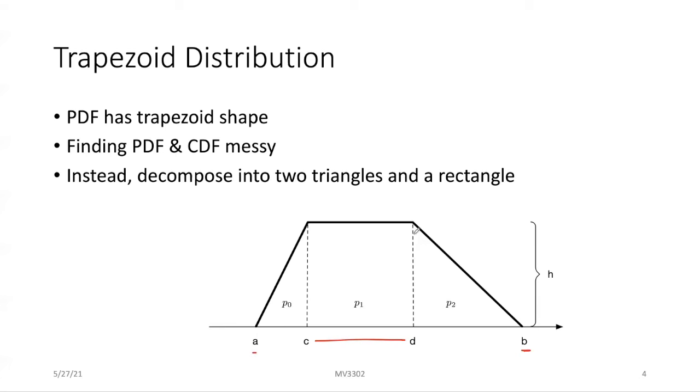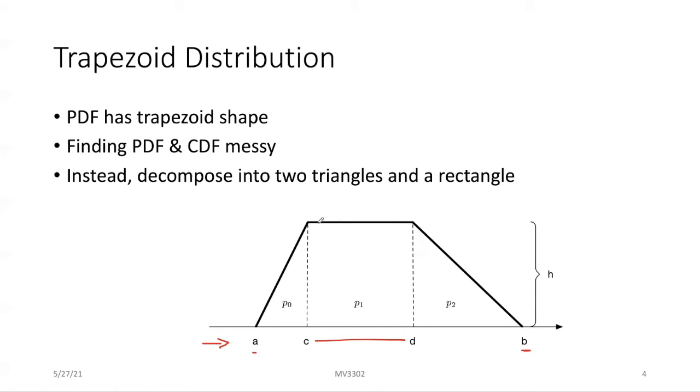To make a very simple distribution, it looks almost like a normal. With a normal, you'd need means and variances, but instead you just have these four values. And a lot of times that can give you a good enough approximation to how this thing works.